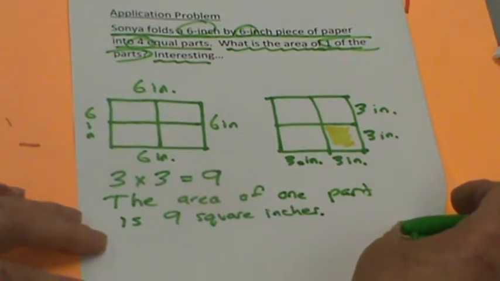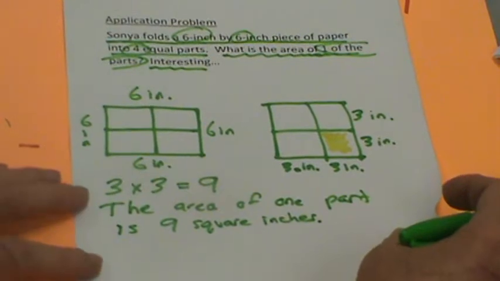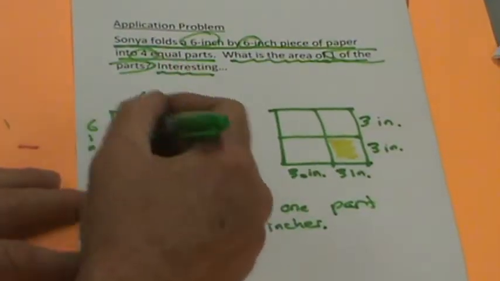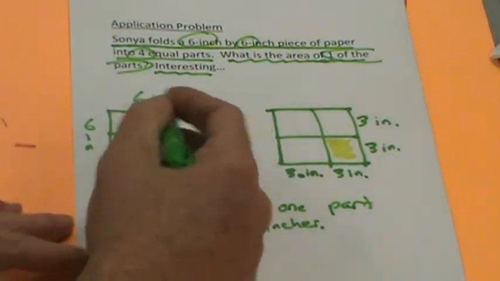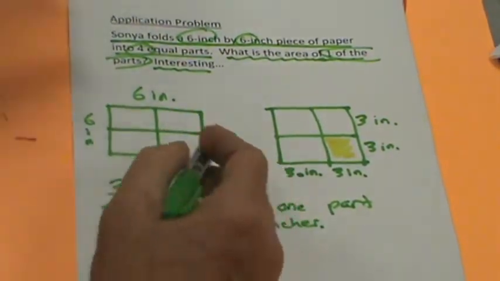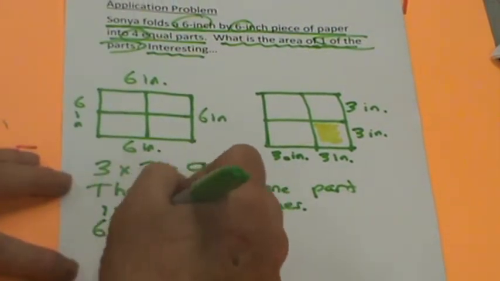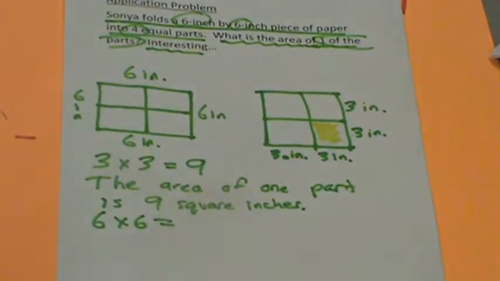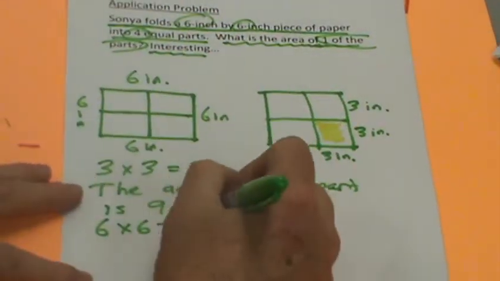Now let's take a look at the area of the whole piece of paper. What would we multiply to get the whole area of the entire piece of paper before we folded it? Well, if we had 6 and 6, that's all we would multiply, 6 times 6. What does 6 times 6 equal? Let's skip count. 6, 12, 18, 24, 30, 36.